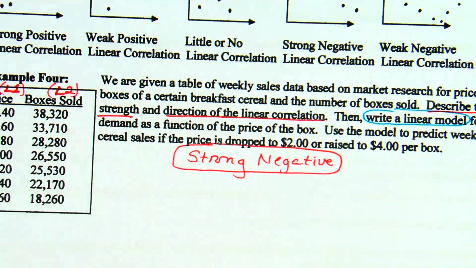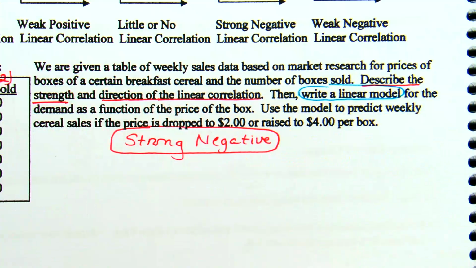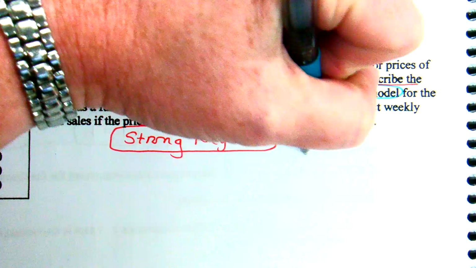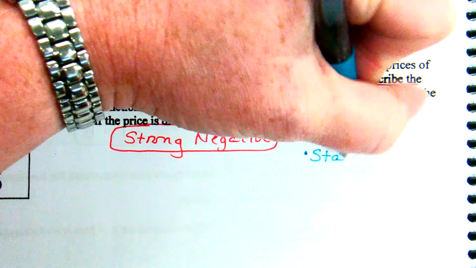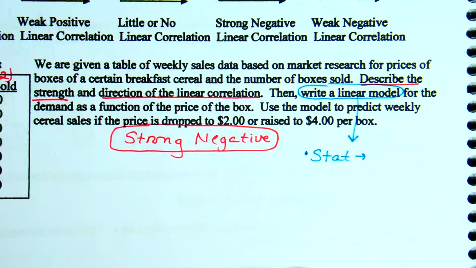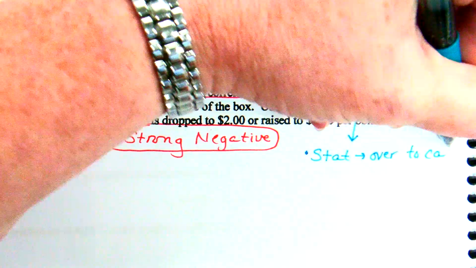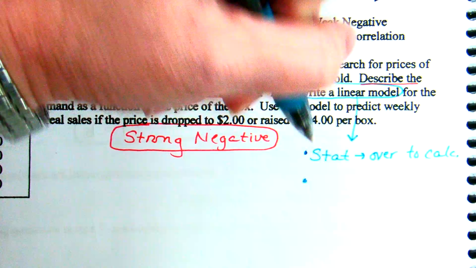Okay, so you guys want some steps on how to let the calculator do this for us? I will write the steps down here to give you a guideline, and then you will go through and do it. First thing we'll be doing is going into Stat. And normally, we just go straight into Edit. But this time we're going to go over to Calc once we get into Stat. After you go over to Calc in the Stat, we're going down to number 4.